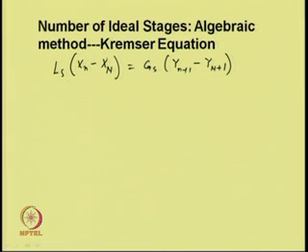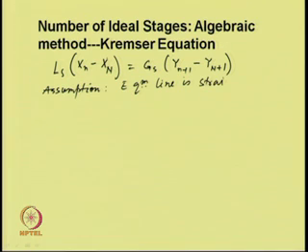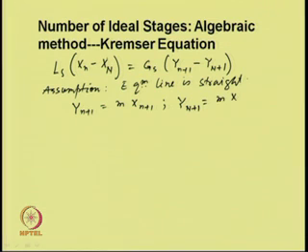As per our assumptions, the equilibrium line is straight. So, we can write y n plus 1 is equal to m x n plus 1 and Y n plus 1 will be m X n plus 1.